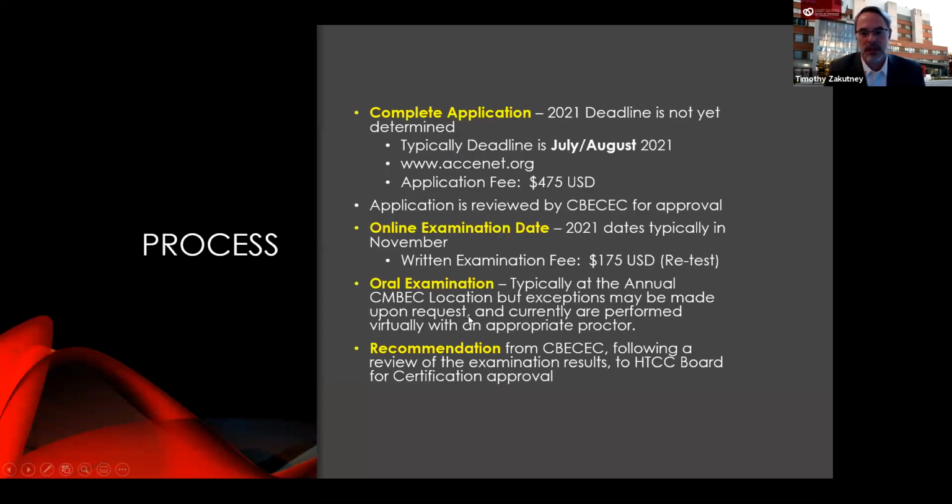So what is the process? The deadline for 2021 has not been set yet, but it's typically announced to be around the July-August timeframe. You can go to ACCENet.org to find that information, and that's where all the documentation associated with the application form can be found.